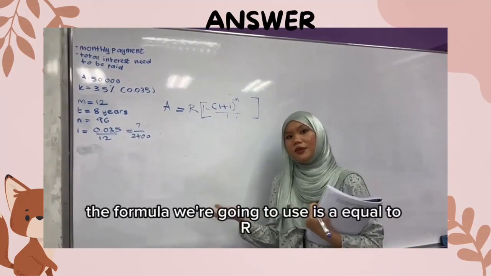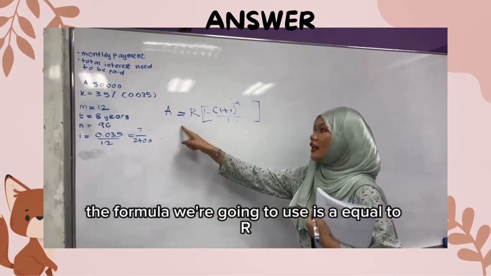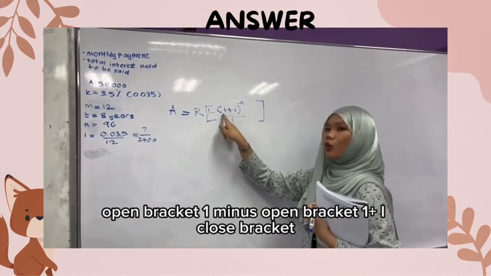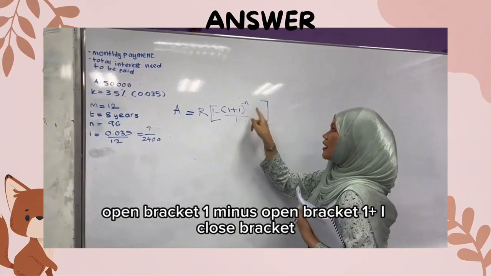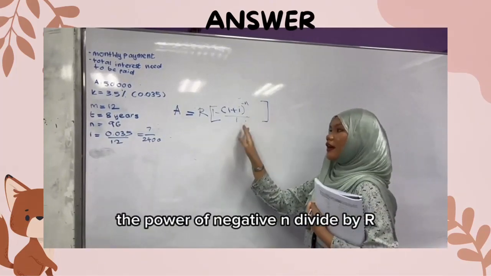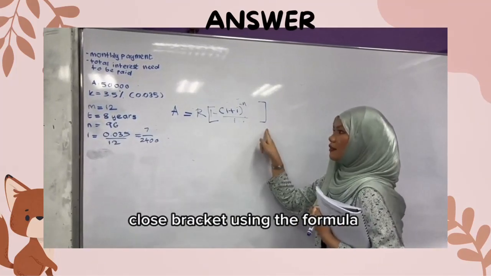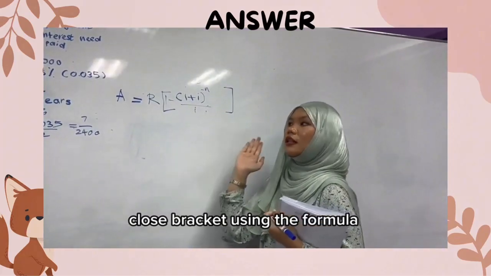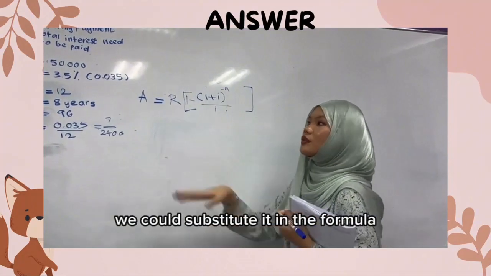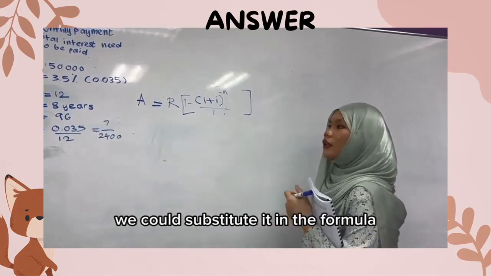For the first step, the formula we're going to use is A equals R, open bracket, 1 minus, open bracket, 1 plus i, close bracket, to the power of negative n, divided by i, close bracket. Using the formula, from the information that we get from the question, we can substitute it in the formula.